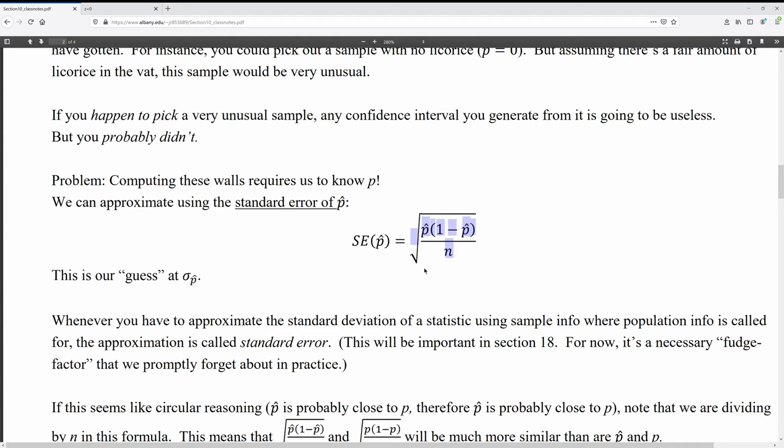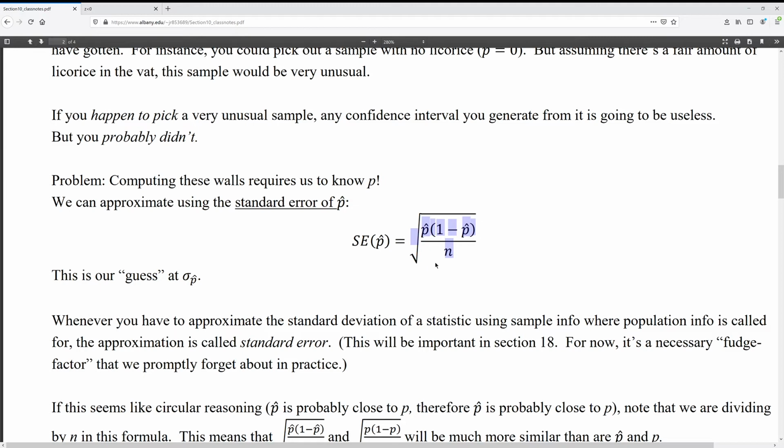And I think that's what I say down here. Whenever you have to approximate the standard deviation of a statistic using sample information where population information is really called for, the resulting approximation is called standard error. The standard error, the highlighted thing here, is my estimate of the standard deviation of the statistic. My guess at the standard deviation of p hat.